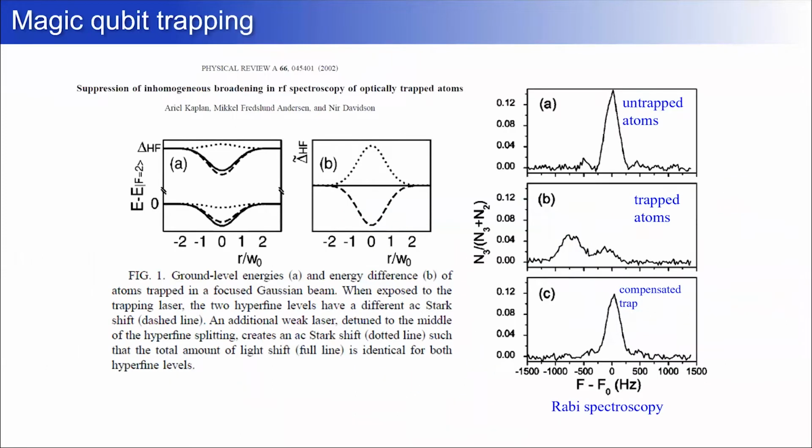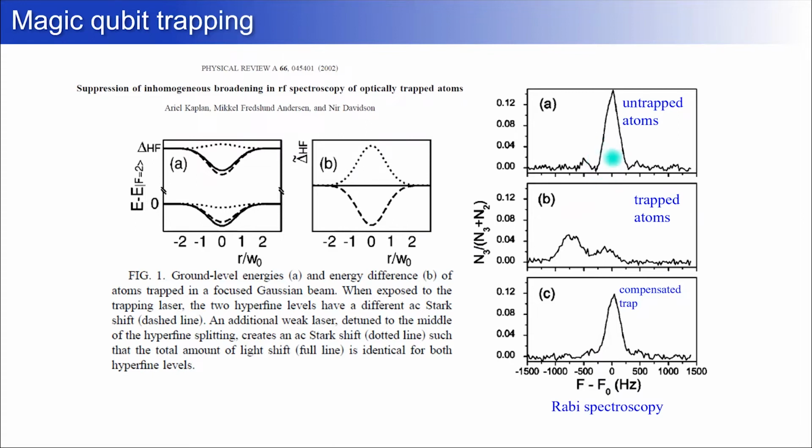That was actually shown about 20 years ago in Nir Davidson's group, where they looked at the coherence of untrapped atoms. So this is some Rabi spectroscopy. In trapped atoms it was washed out, and then they compensated the trap and recovered the original coherence. So you can do that.